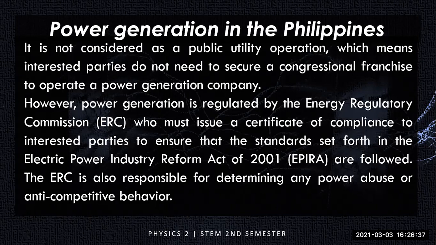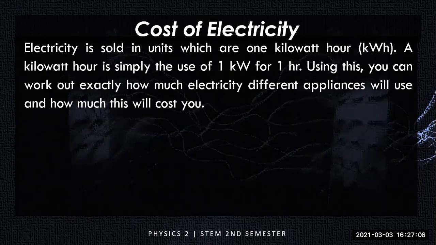The ERC is the one to determine if there are any power distributing companies abusing, also known as anti-competitive behavior, meaning that they rate their, let's say, price per kilowatt hour depending on their standards. So the ERC is the one that is maintaining the balance.